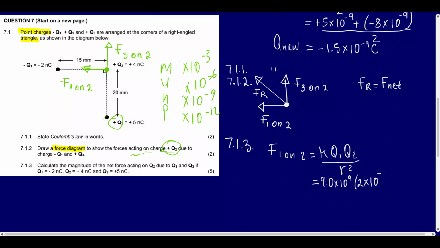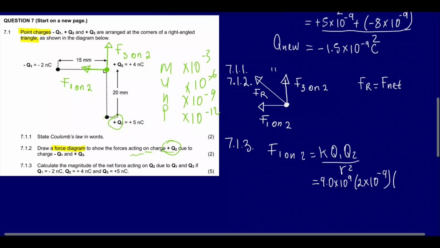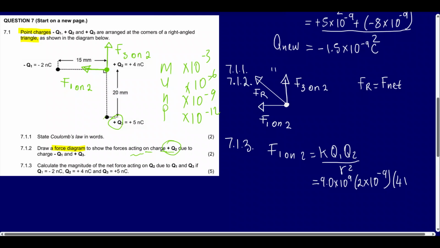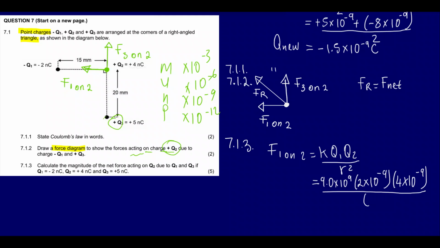Don't forget that when we calculate the electrostatic force, we don't substitute the negative sign, right? So 9 times 10 to the power of negative 9 for Q1. And then the charge Q2 is 4, so we put 4 times 10 to the power of negative 9, all over R squared.